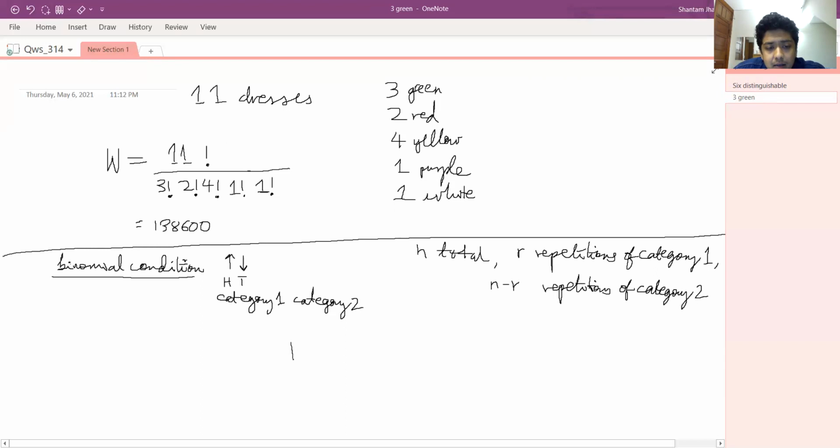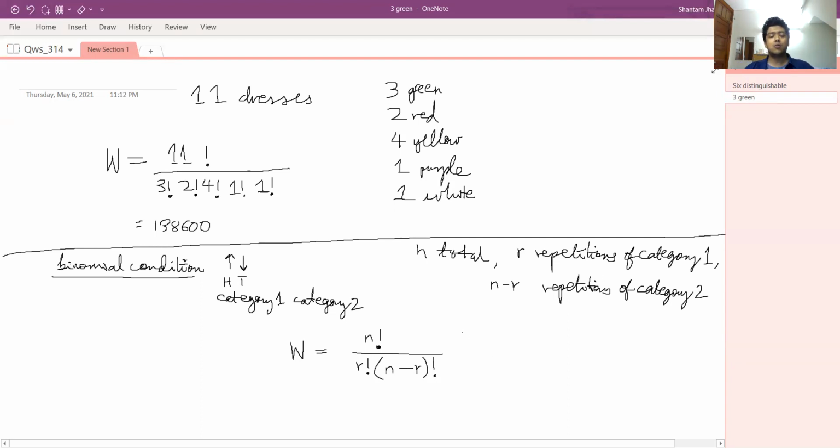So how do I write the number of ways of arranging this n total different stuff, this n system? Well, since there's n total possibilities, it's going to be n factorial, right? But because I'm overcounting by the repetitions, I'm going to have r factorial because there are repetitions of category 1, but also n minus r repetitions. So this entire n minus r gets the factorial, n minus r repetitions of category 2.